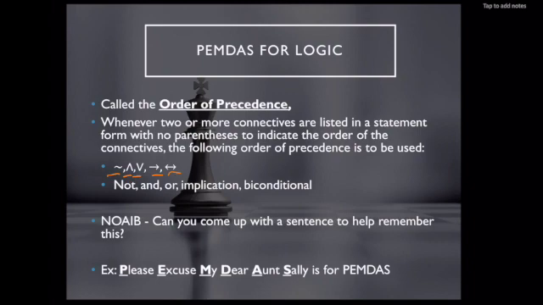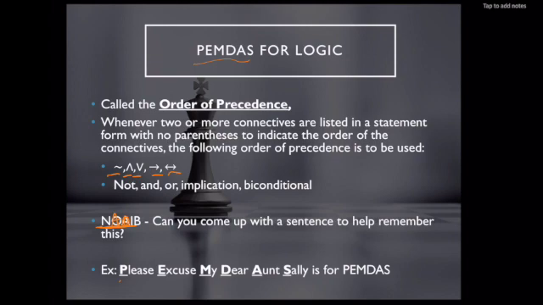Now, what's really nice is for PEMDAS, people have come up with sentences to help them remember, like, for example, please excuse my dear Aunt Sally. Unfortunately, this simplifies down to NAOIB, which I don't think is really helpful. So if you can come up with a sentence that would help us remember this as a class, I would be much appreciative.